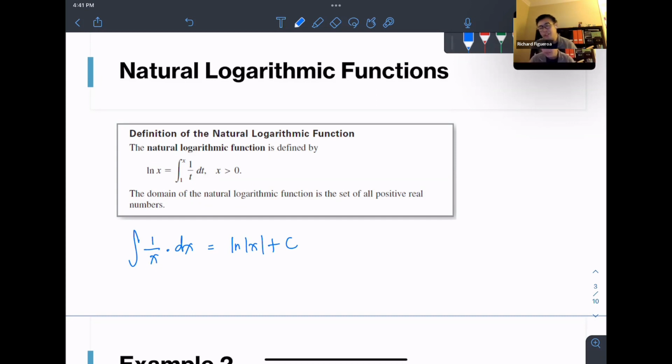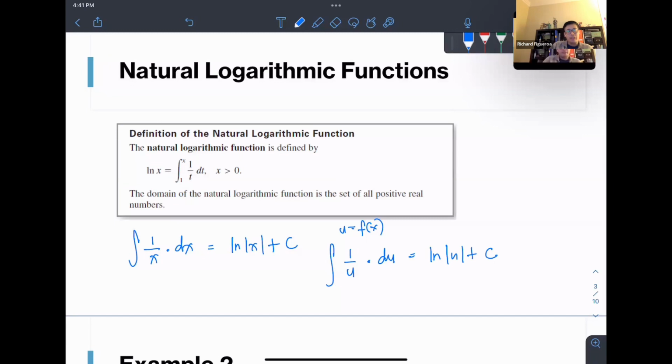However, if we are given a function, okay, so let u be a function of x. Therefore, the integral of 1 all over u du is equal to ln u plus c. So pwedeng it's just as simple as dx over x, it's ln x.